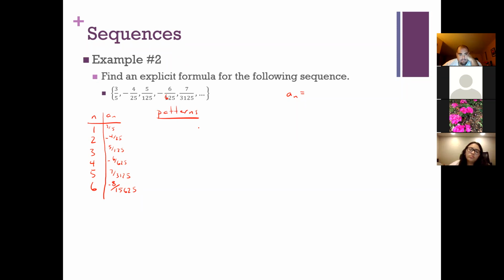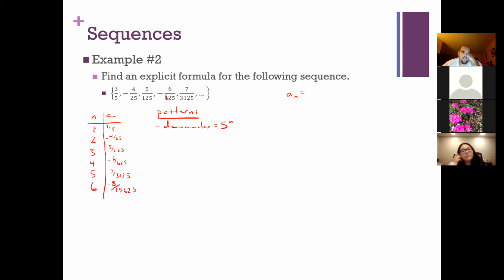The denominator is like 5 to the n power. So we have denominator is equal to 5 to the n. So let's go ahead and verify that right now.